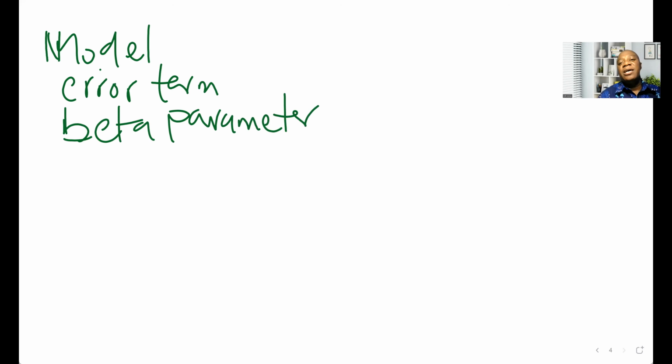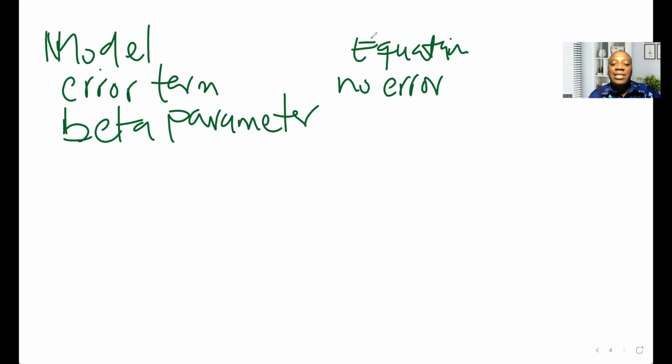But the estimated equation has no error term, and it has numbers replacing the betas. This question I've always asked people.